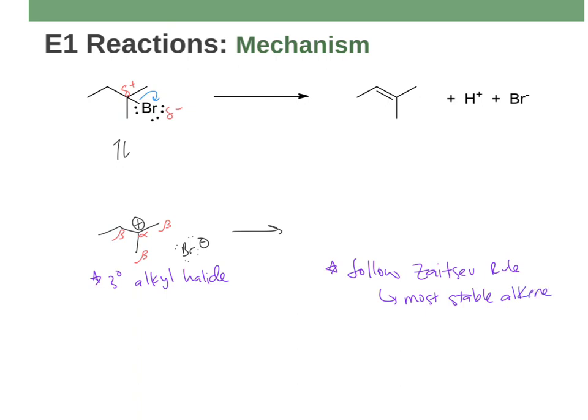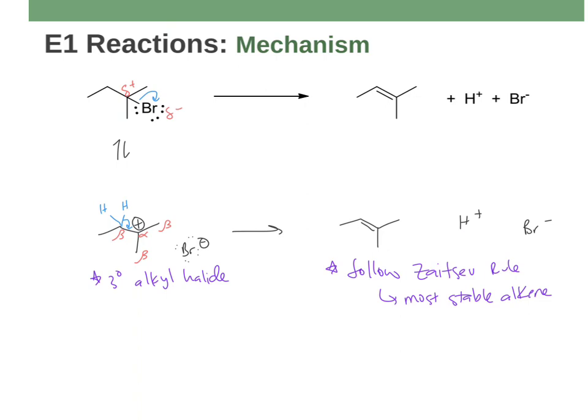So in my case, that means I'm going to lose one of these 2 hydrogens. All that happens in this step is that the electrons from that hydrogen drop down to become part of the alkene. So I'm going to get my alkene in that spot. And now I have an H+, that H+ that just fell off, and I still have the Br-, which is why I wrote that stuff up there.